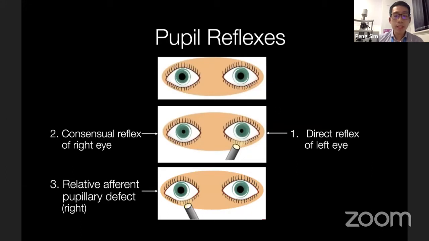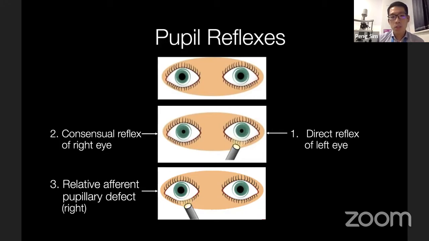Okay. And things that can give you an RAPD, just again, some clinical relevance here. Things that can give RAPD are not that many things really. One is obviously any sort of optic nerve problem. Classically, we get patients here with optic neuritis in the context of multiple sclerosis. And typically you get quite a dense RAPD.